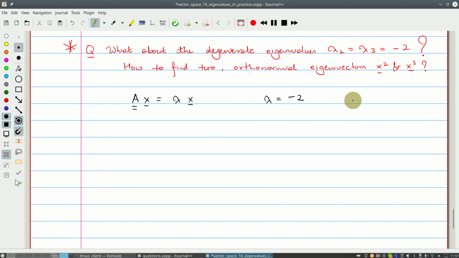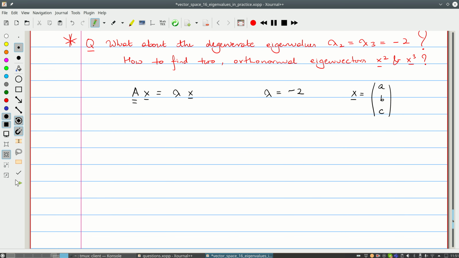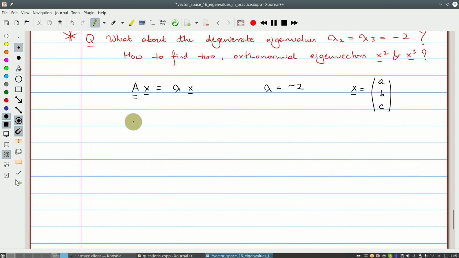Now we don't know what x is, so let's take it to be of the form as before, a, b, and since it's length 3, we'll have a c. Let's put this in and see what happens. We need to find two of these x's because we have two lambdas. They just happen to be the same.